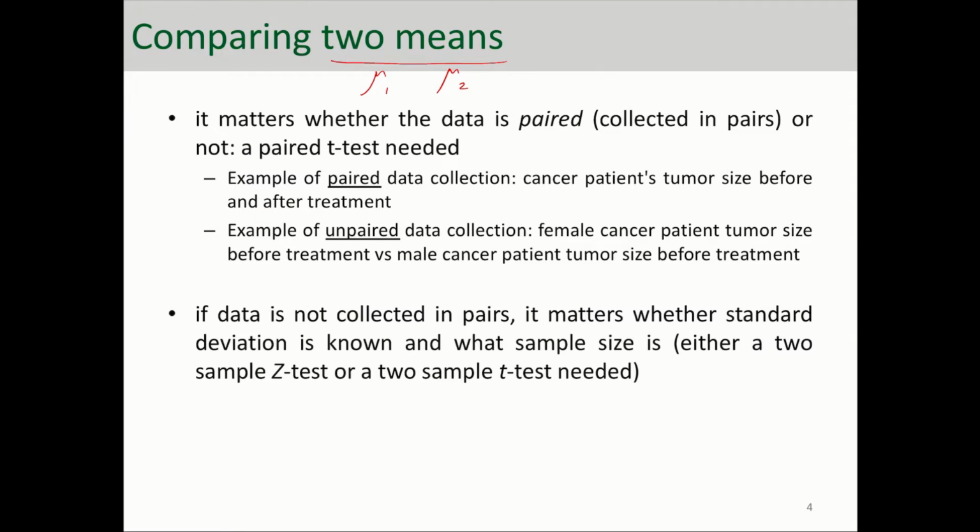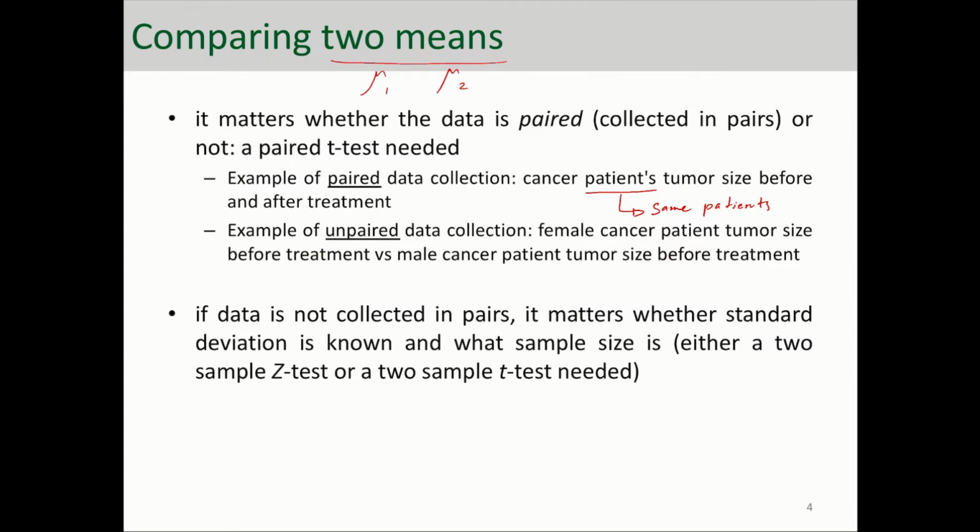So here you notice that the patients are the same patients that you collected data from. So that fact makes it a paired data. These are the same patients that you collected your samples from. So that means the data is paired.